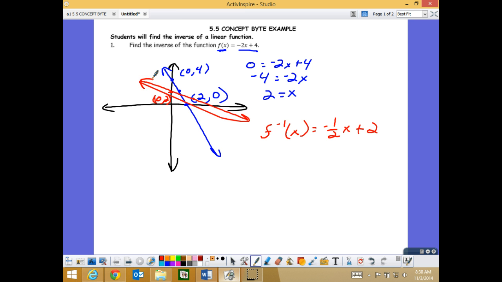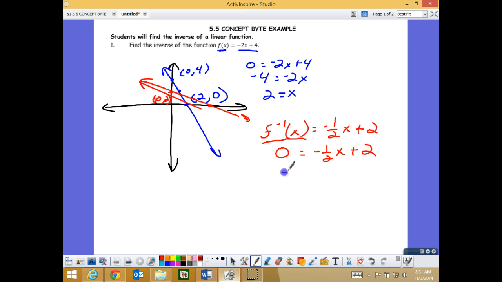And again, to find the x-intercept, we plug 0 in for this f inverse of x term, and solve for x.